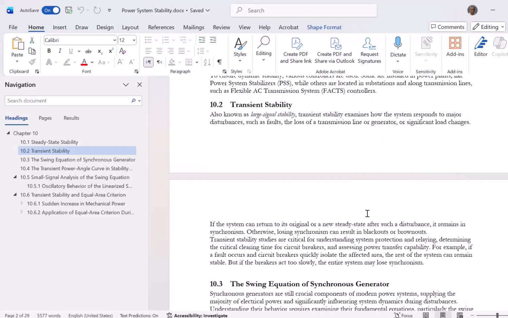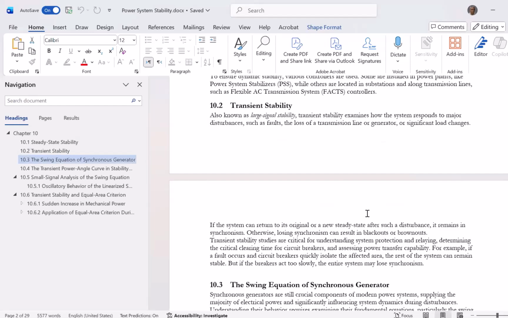On the other hand, we have transient stability, or large signal stability. Under these circumstances, we're talking about perturbations that are big in nature. Like a generator goes out, or a transmission line goes out because of a fault. A major load in the system is disconnected for any reason, for a fault, for example.